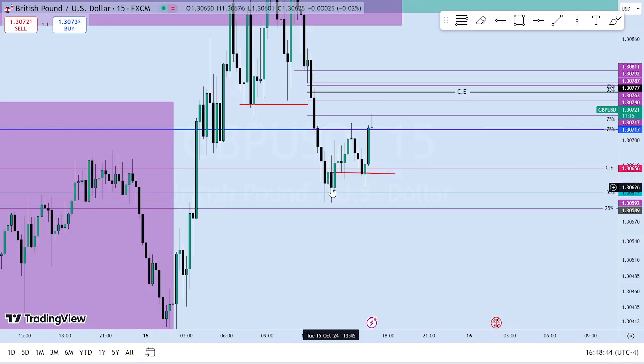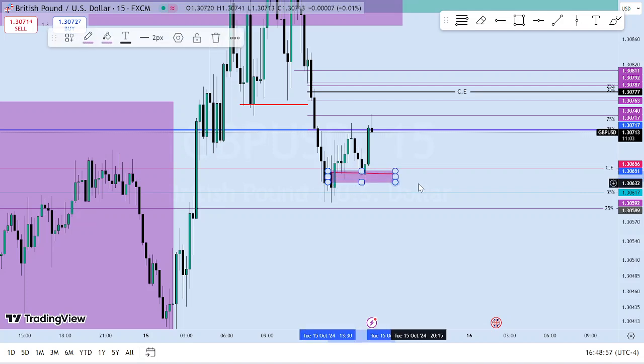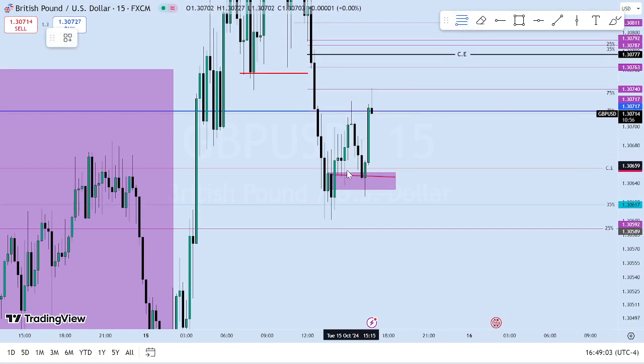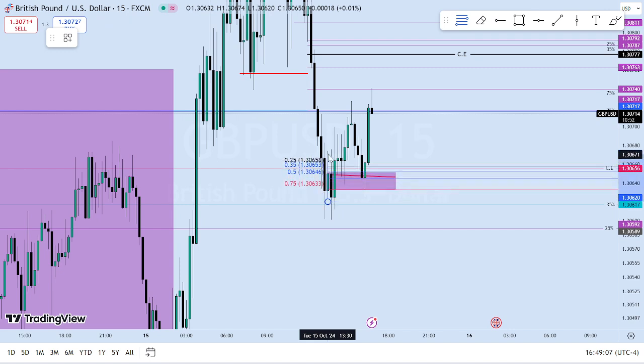Then we had a lower low before this bullish candle took out this previous last close candle of the bearish, making it to be a breaker. That's a breaker. You can see to get the 50% of the breaker, use your Fibonacci. You anchor from the low to the high.